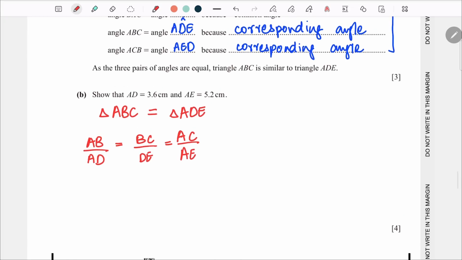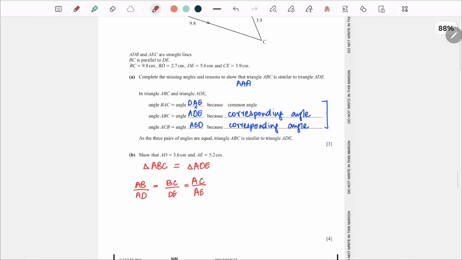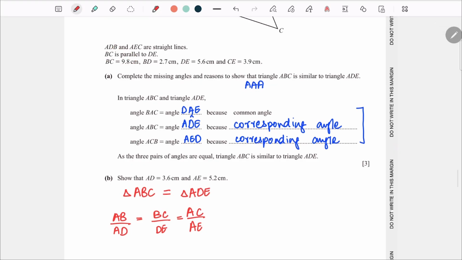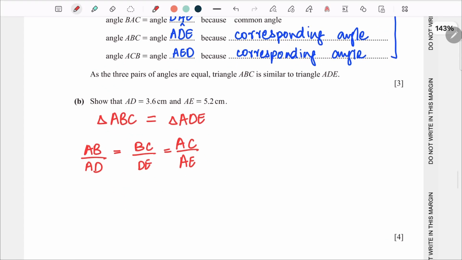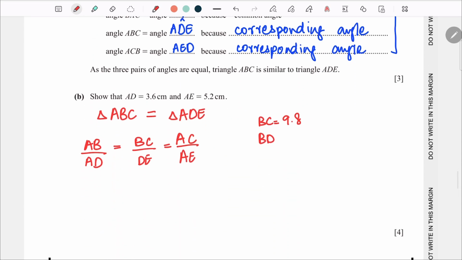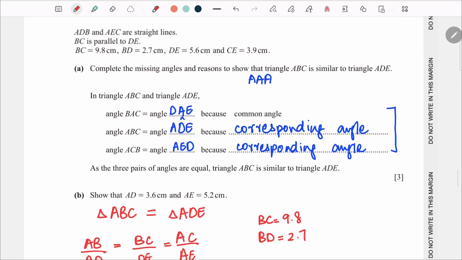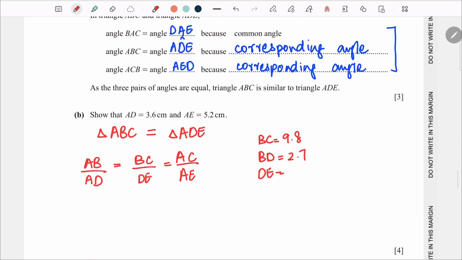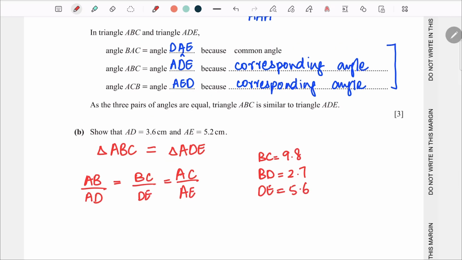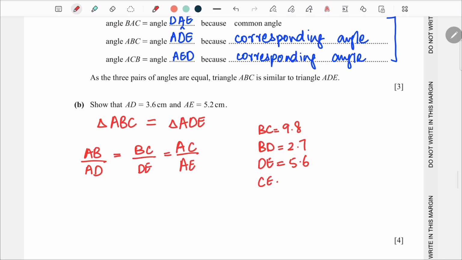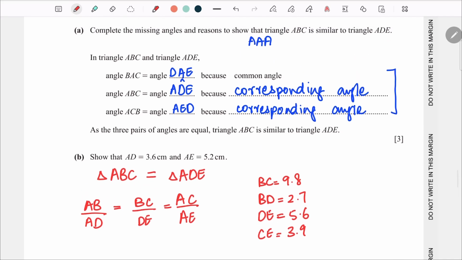Now when I look at the information in the question, BC is 9.8 centimeters, BD is 2.7, DE is 5.6, and lastly CE is 3.9 centimeters.